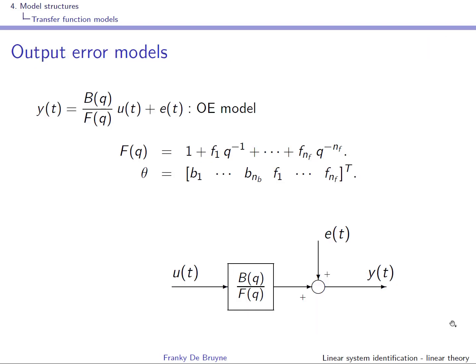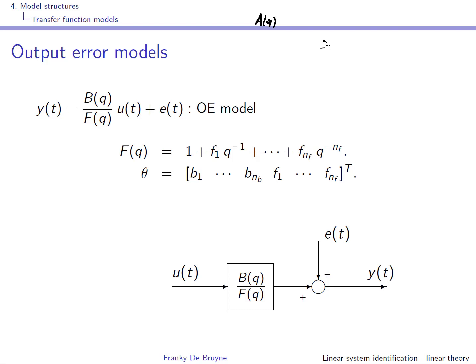So far we have considered model structures where the polynomial A(q) is in common for G(q), the input-output transfer function, and H(q), the noise model. Well, imagine that you have now a system with a noise model that is complex, and that you try to use a model structure where the noise model is a simple noise model, so it's not really capable of representing the actual noise model.